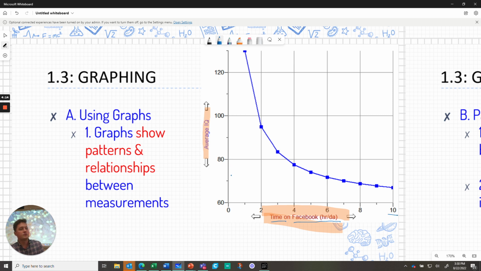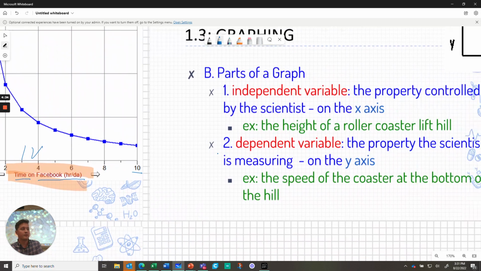Whether this is a real relationship or not is not really the point. The point is that this is the independent variable here, and the dependent variable, the thing that you measure as an outcome, over here. Independent variable is the property controlled by the scientist.